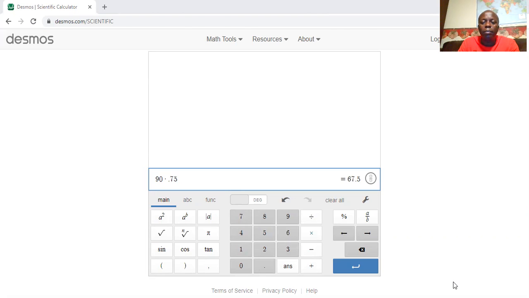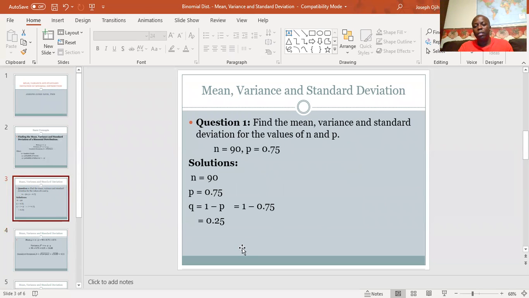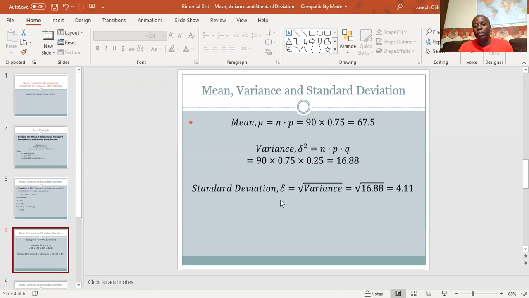And then the variance will be n times p times q. Our n is 90, our p is 0.75, and our q we got from the previous slide as 0.25. So when we plug this into the formula, we have 90 times 0.75 times 0.25.